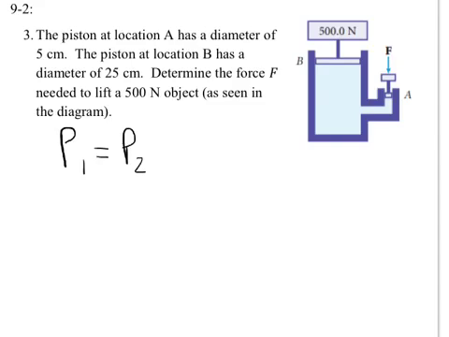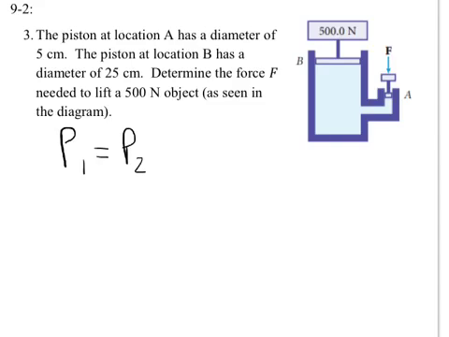Stash, because you have the diameter up there. But why can I write this as if P1 equals P2? Why can I write P1 equals P2? Yeah, Pascal's principle says the pressure throughout the fluid is the same. Okay. Now, let's list our givens.